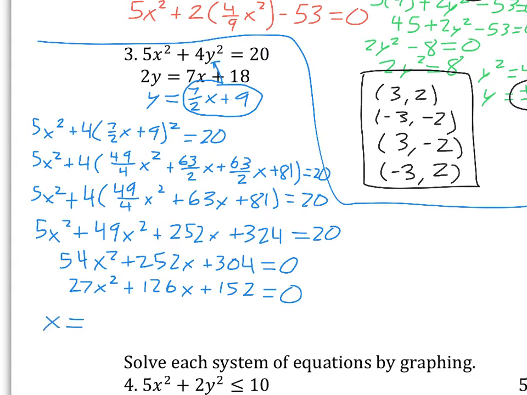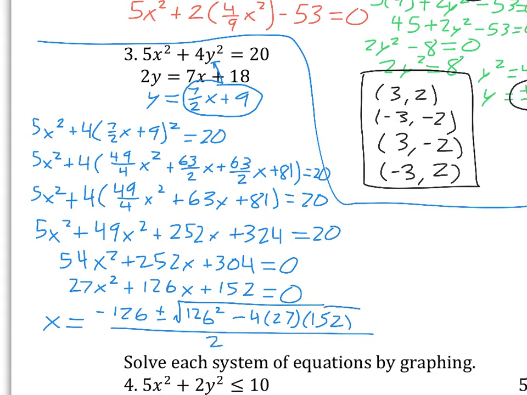x equals negative b plus or minus the square root. Then I have to take b and square it, minus 4 times a times c, all over 2 times a.